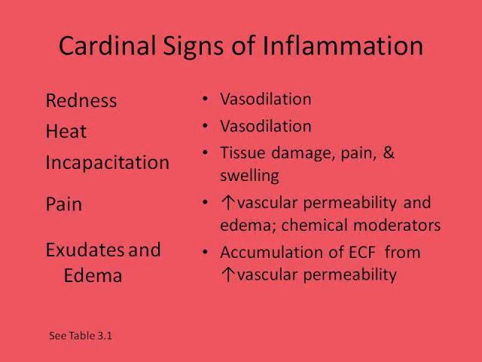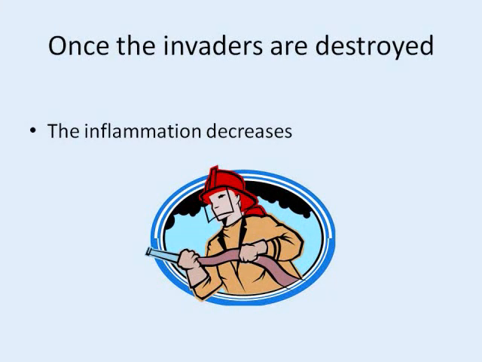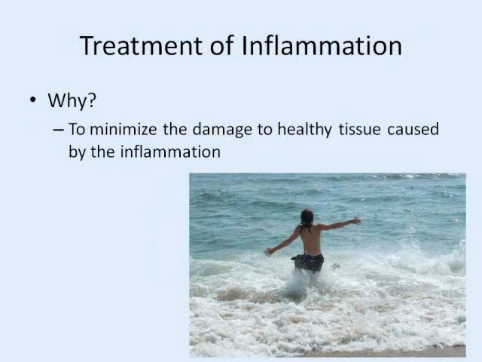You have that edema and you have the exudates. Once the invaders are destroyed, the inflammation decreases. But we often have to treat inflammation. Why? Because inflammation is a very powerful reaction, and it usually reacts more powerfully than we need it. And if we don't do something about it, it may damage the surrounding tissues.